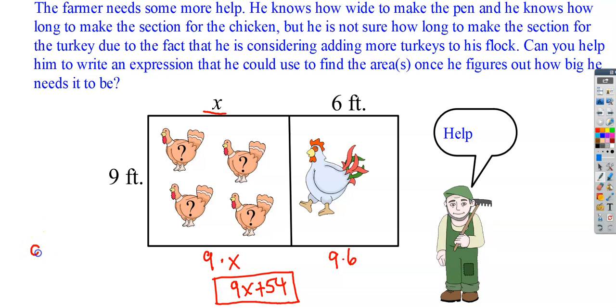And then basically starts out looking like this. Remember how I told you that we could think about the length as being in parentheses, and it's 9 times the length. Okay, and this is the simplified expression that the farmer can use.